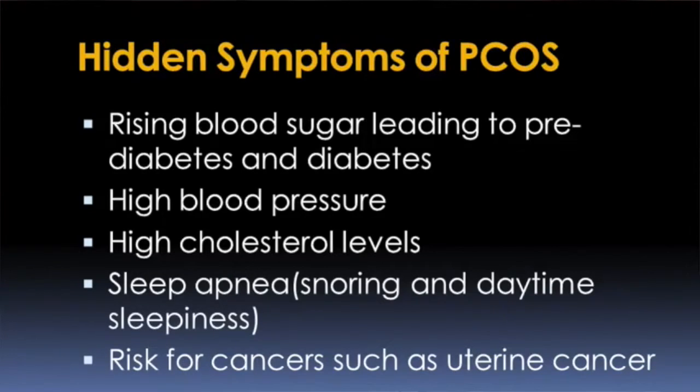In particular, blood sugar may increase because of the insulin resistance, and this can lead to a condition called prediabetes or even diabetes. Blood pressure can also increase, and women may develop high blood pressure. Women may develop high cholesterol levels and sleep apnea. Also, women with PCOS are at risk for cancers such as uterine cancer.